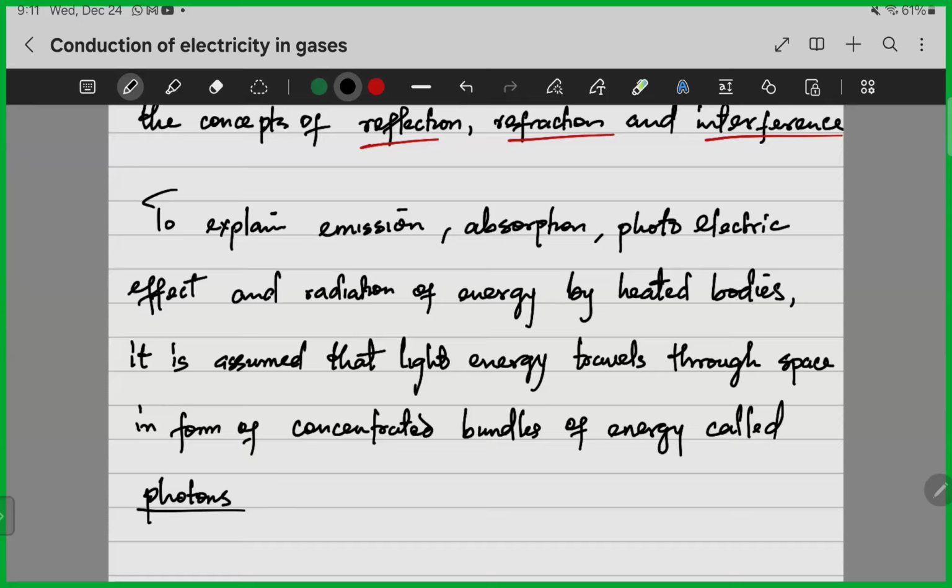So the idea of energy quantization explains emission, absorption, photoelectric effect, and radiation of energy by heated bodies.